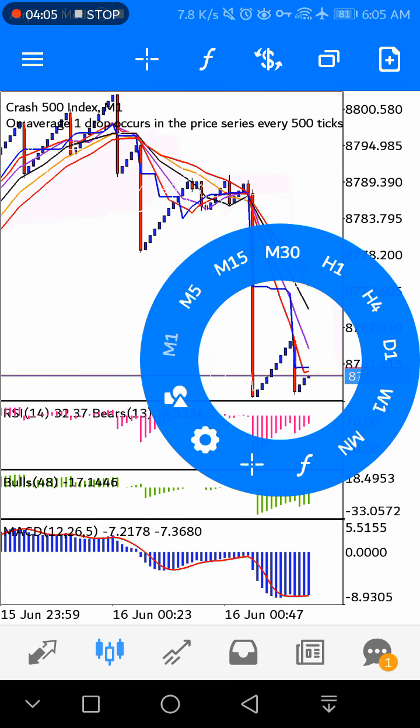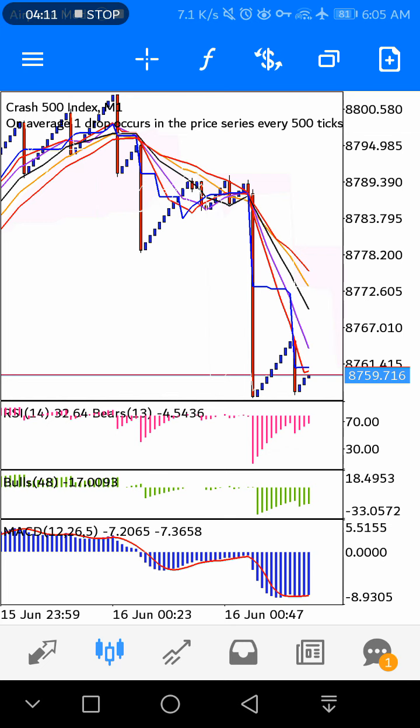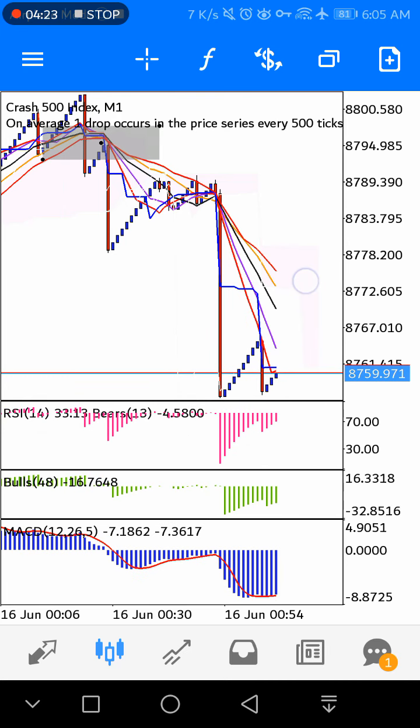The crash is going to happen again. Why? Let's see here. Once the moving average crosses downward, I will highlight the area, and the Ichimoku also crosses, so it means the market will go down.